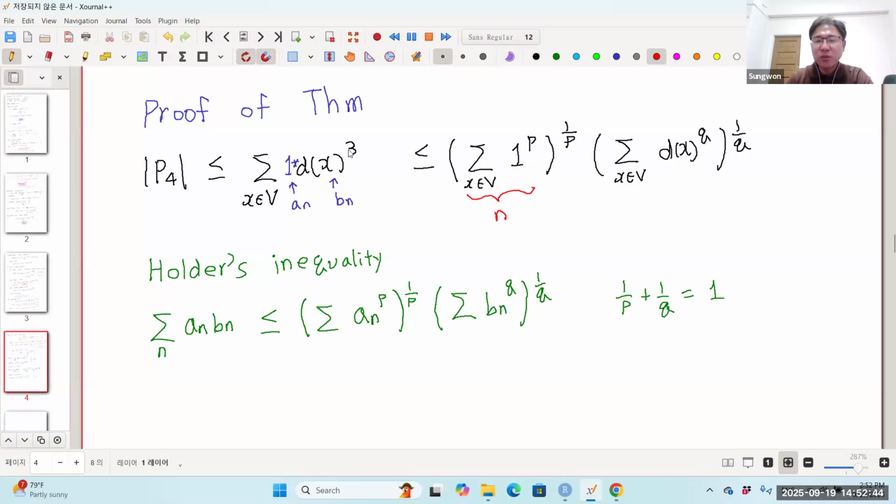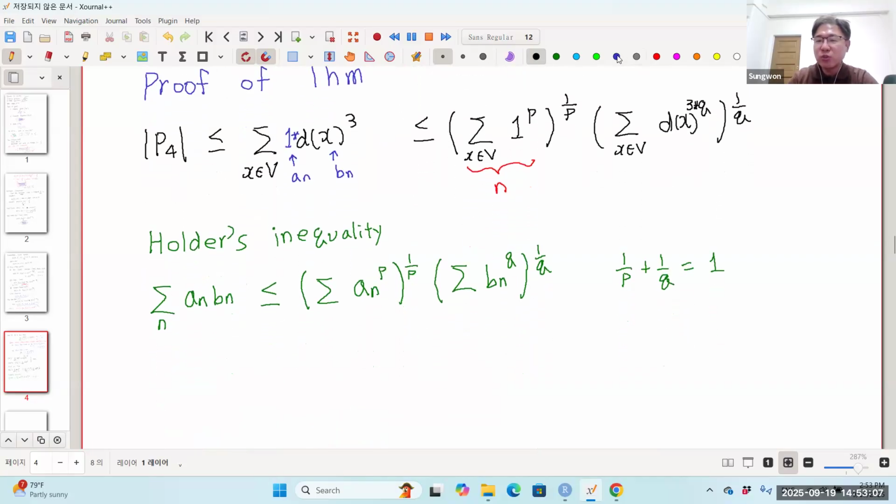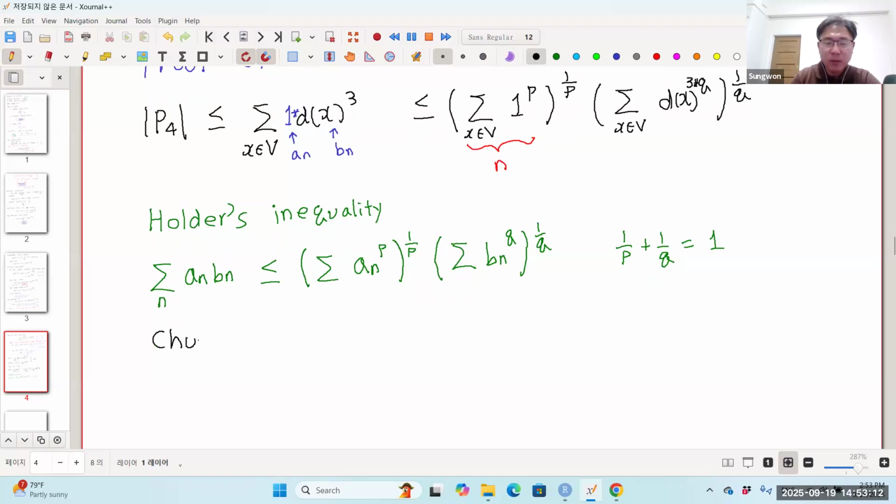Oh, and one more thing. I have to put 3 here. There's a 3 missing: the 3 times q. And for this, I need to choose q in a way that this one is similar to that. The way to do it is I choose q equal to s over 3.